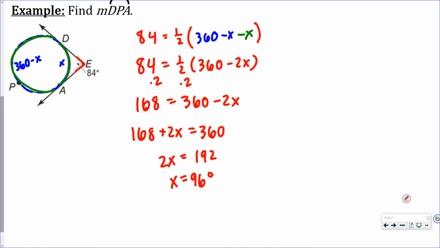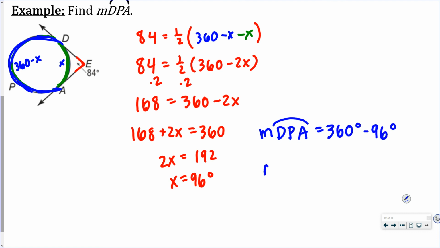That only gives me little arc. Little arc was X. Look at what we want to find. We want to find the measure of arc DPA. That's big arc. So we'll just have to do 360 minus 96. And that is how they got 264 degrees.